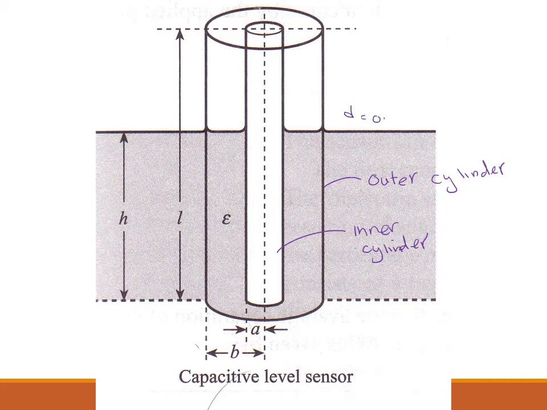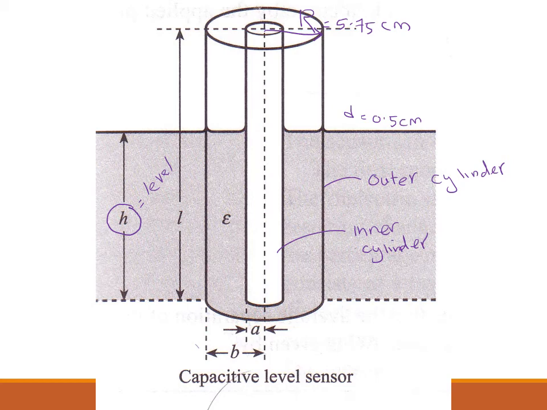D is 0.5 cm, meaning the distance is very small. And then R is given, 5.75 cm. The level of the alcohol in the cylinder will depend on H here. H here is our level. L is the total length.